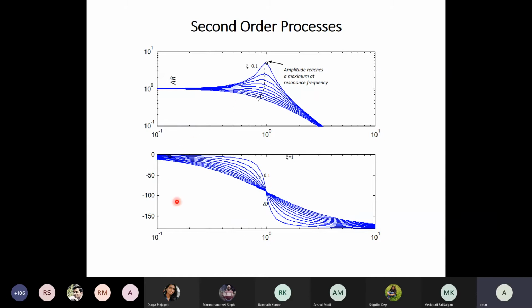Similarly, you will have the phase difference versus omega plot. In this case, as the frequency changes, the phase difference plot will change, and it will become more of a sigmoid in nature as the damping factor reduces.